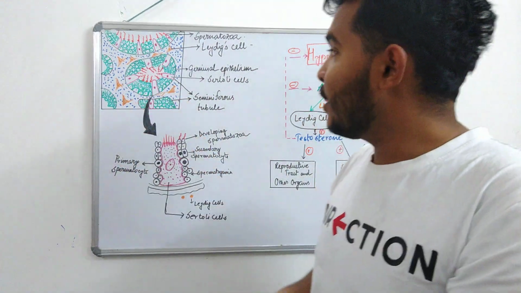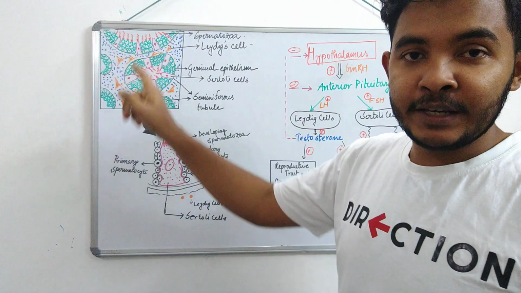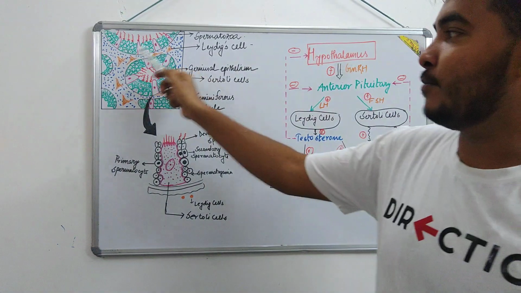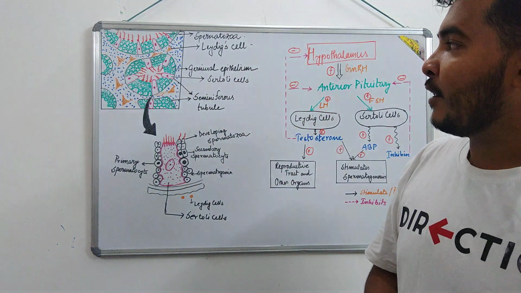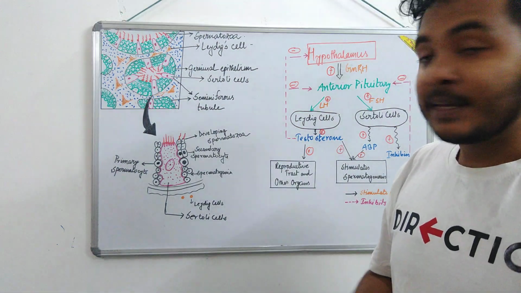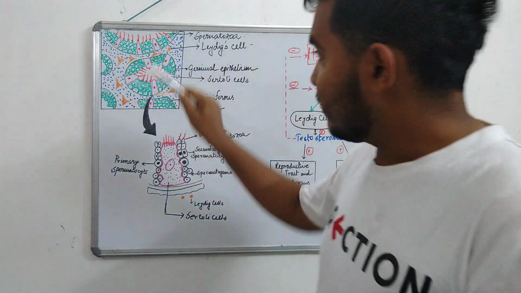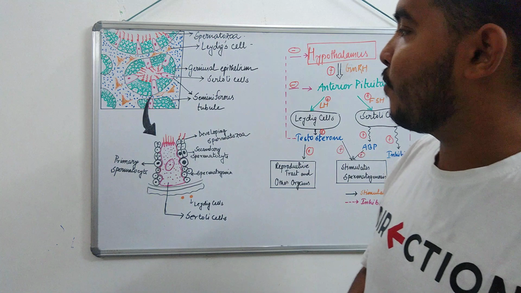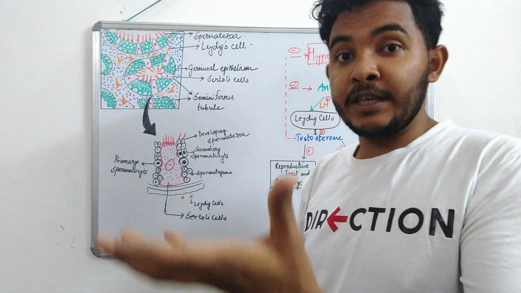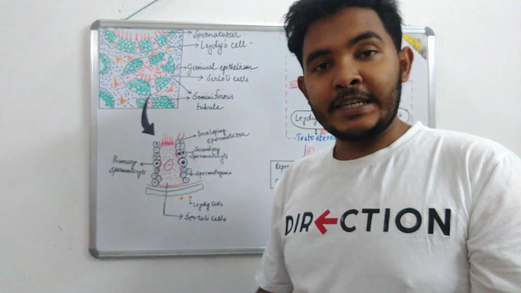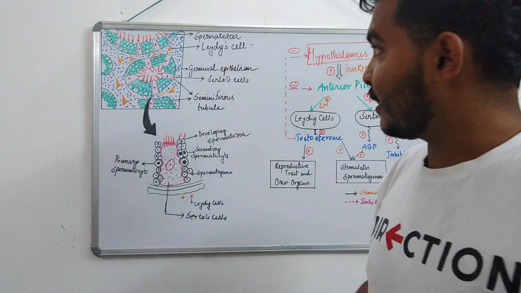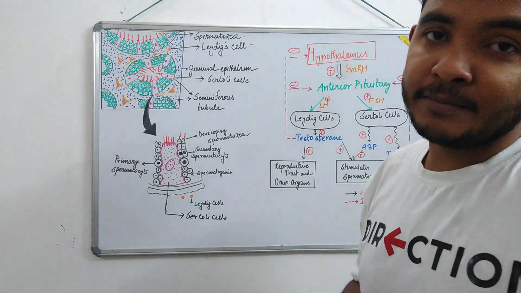In the middle there is a big round structure, and we call this a seminiferous tubule. These black borders are all seminiferous tubules. That is the building unit of the testis. Inside it, the sperms grow from the germinal epithelium cells.